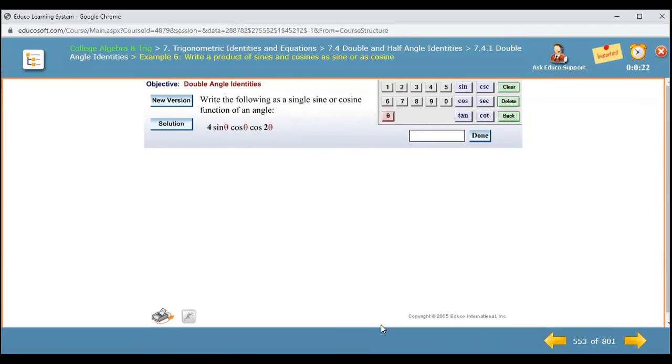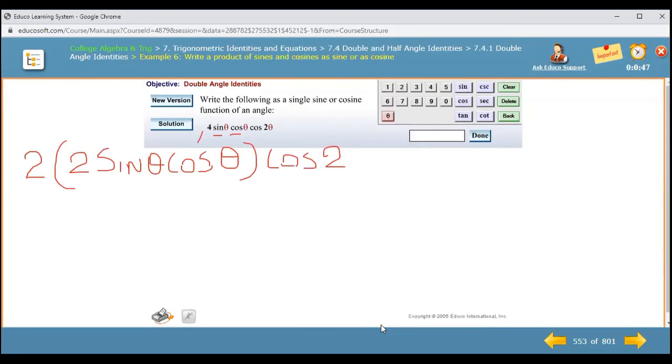Looking at it, I can see this is sine and cosine. So I split the 4 into 2 times 2: 2 sine theta cosine theta, and cosine 2 theta.